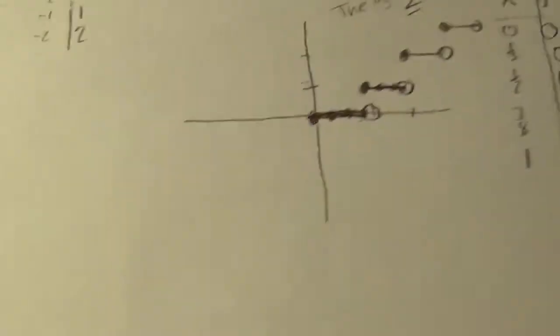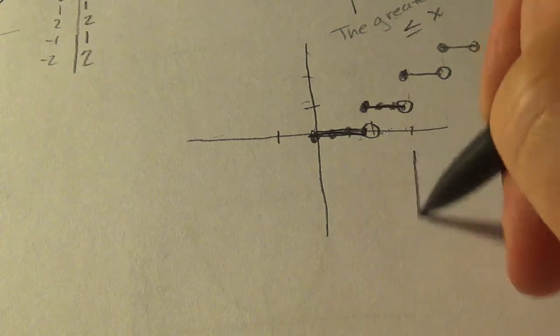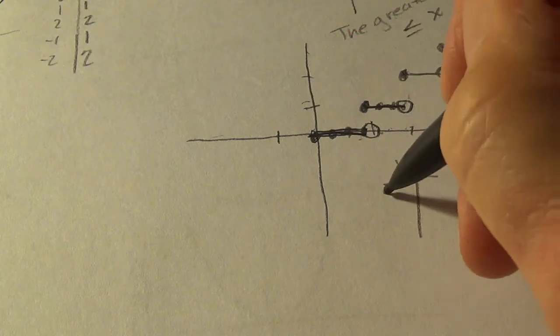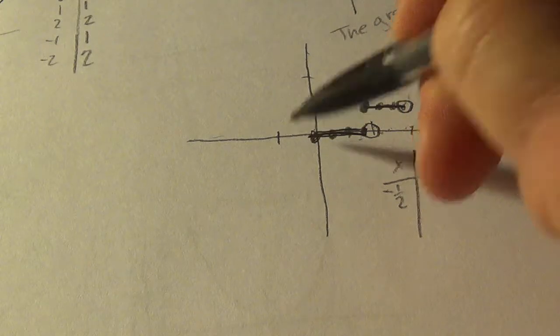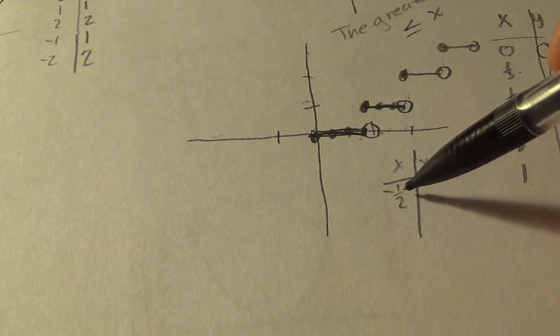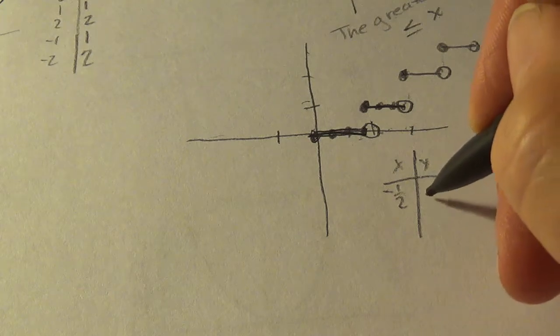And let's try one down in the negative area here. So we have, how about -1/2? So that's the x value. What's the y value? What is the greatest integer less than or equal to -1/2?